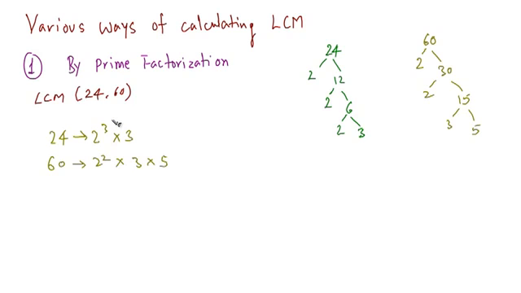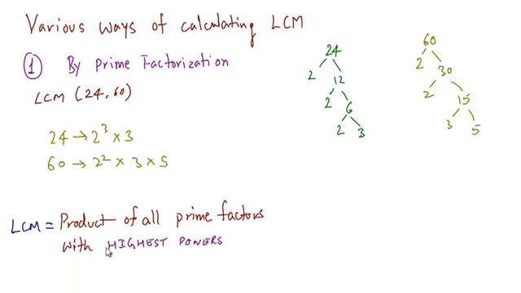By the method of prime factorization, LCM is a product of all prime factors with highest powers. So let's write the product of all prime factors first. I'm not talking about common. The union of all these prime factors is 2 into 3 into 5, and it says that it is a product of all prime factors with highest powers.